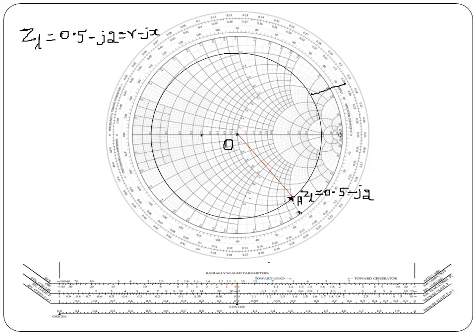This VSWR circle cuts the central horizontal axis at point B on the right side of the chart.